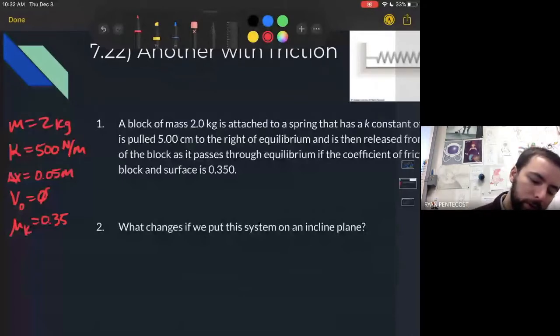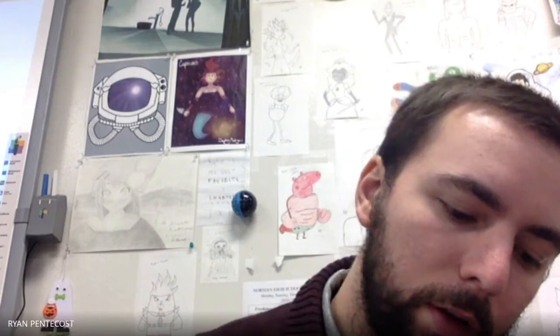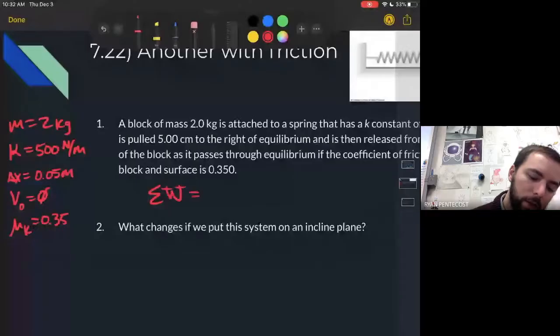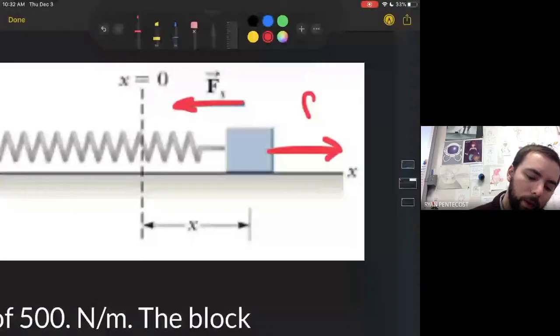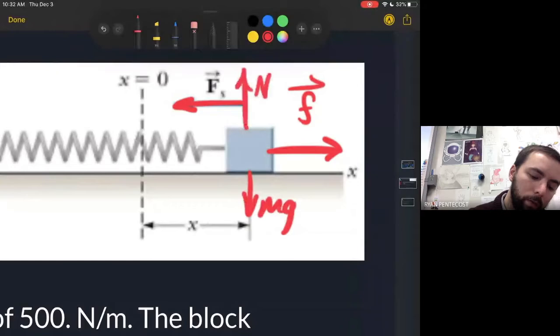If we are going to do summation of work, it would be helpful if we had a free body diagram. So let's see, we've got the force of the spring going this way. You're going to have the force of friction opposing you, and then you'll have your mg and your normal.